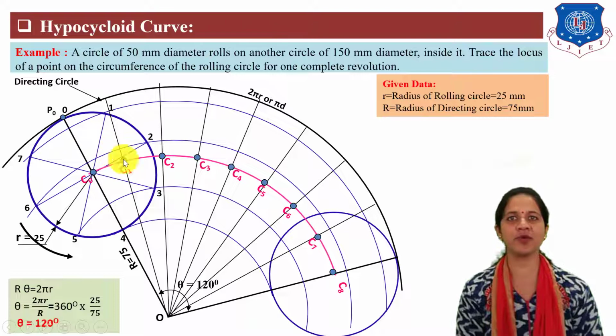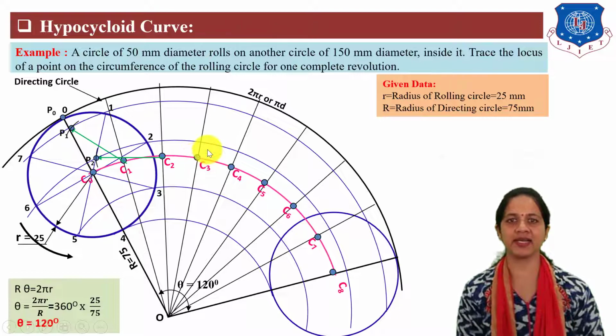For the remaining locus points, take center C1, radius equal to the rolling circle, and cut an arc on the number 1 arc of the rolling circle and mark the locus point P1. Next, take center C2, radius equal to the rolling circle, and cut an arc on the number 2 arc of the rolling circle and mark the P2 locus point.